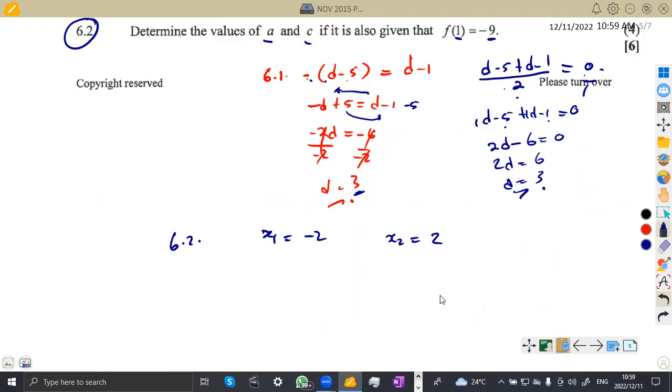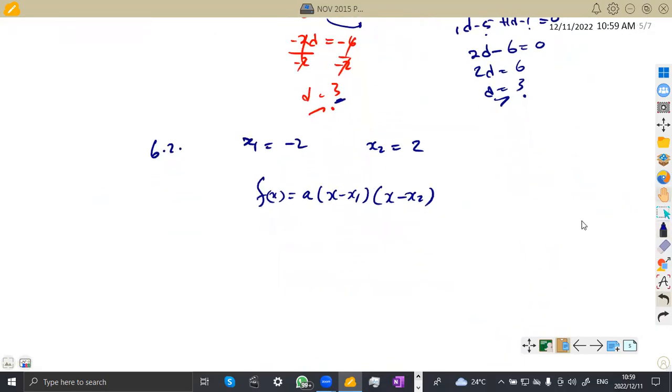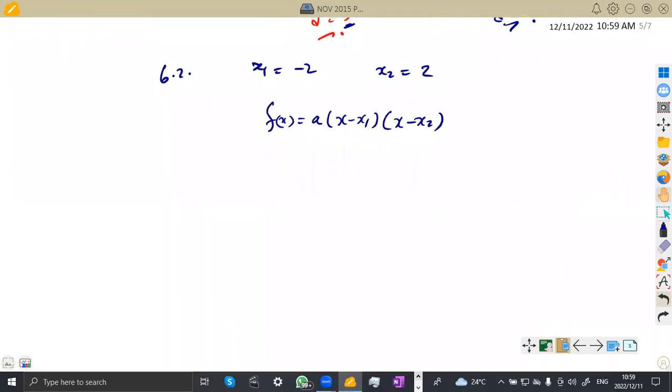So we know that from the solutions that we have, f of x can be given with this formula, a into x minus x1, which is the solutions, x minus x2. All right. So using this concept, we can have our f of x as a into x minus x1, that's x minus -2, which is x plus 2, into x minus 2.